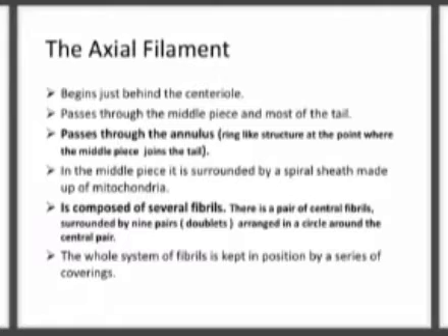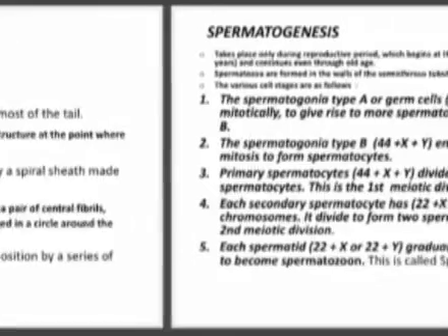It is composed of several fibrils. There is a pair of central fibrils surrounded by 9 pairs, doublets, arranged in a circle around the central pair. This is the pattern of any flagellum. The whole system of fibrils is kept in motion by a series of coverings.